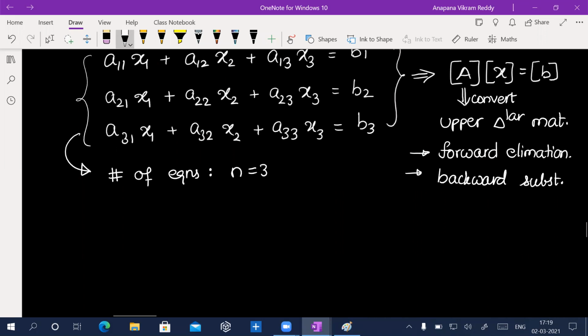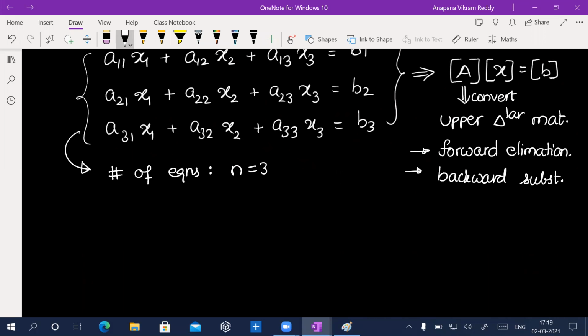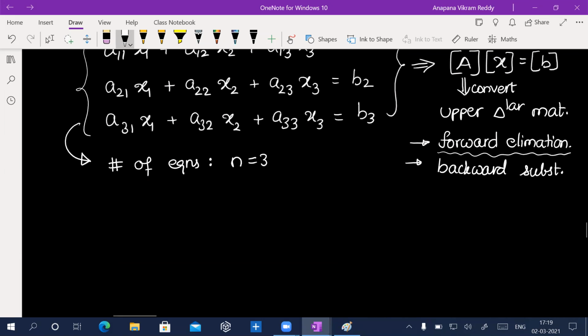So how many steps do we require to perform forward elimination? These are all important for computations.